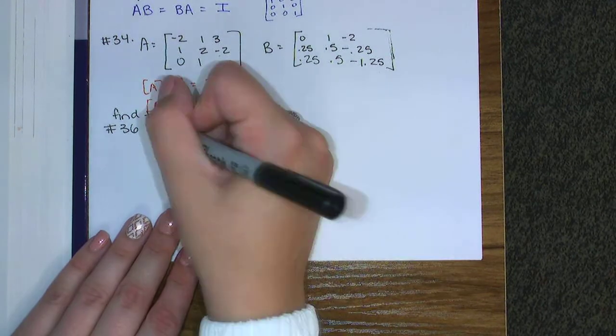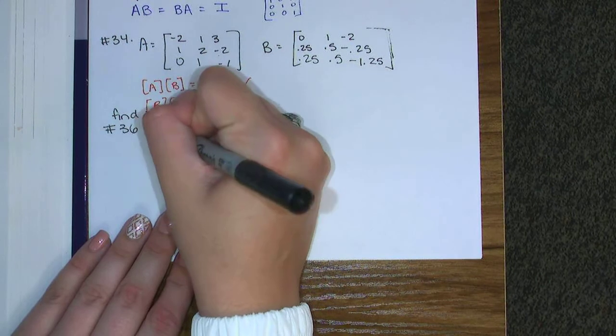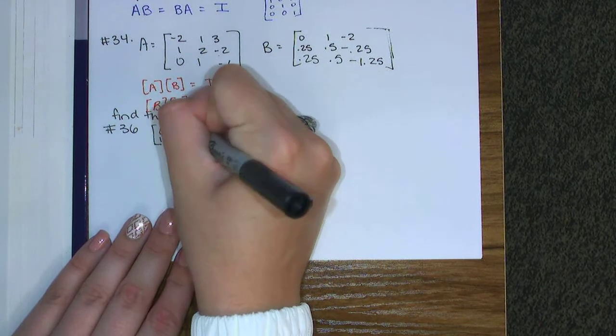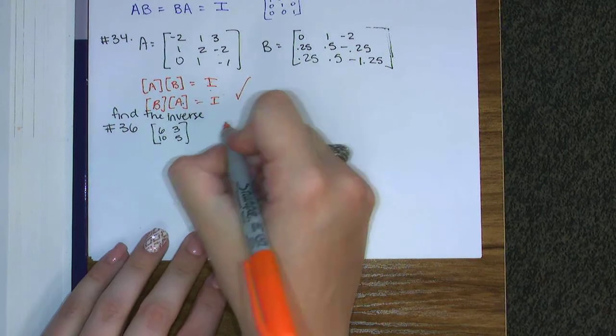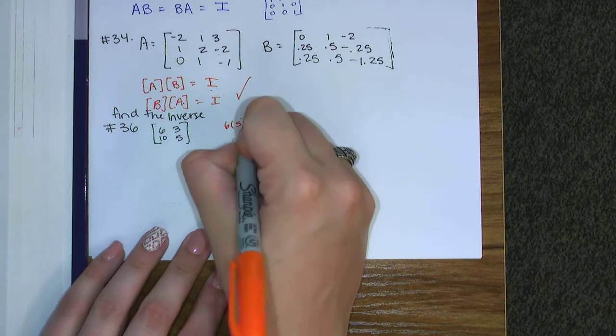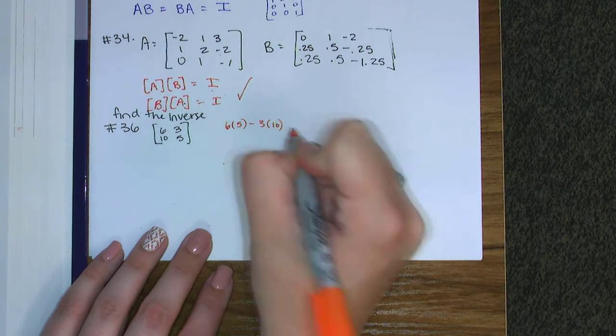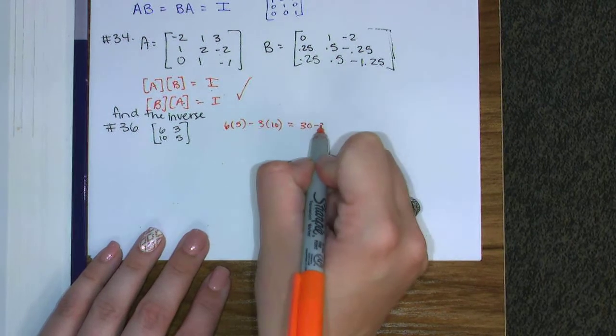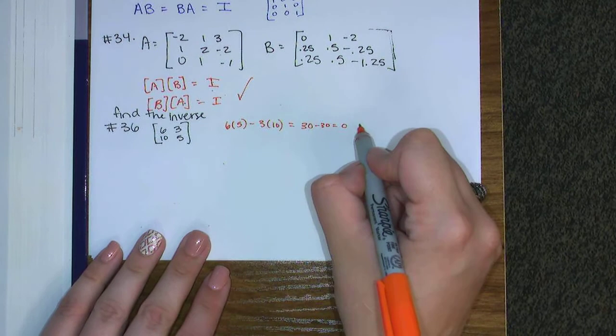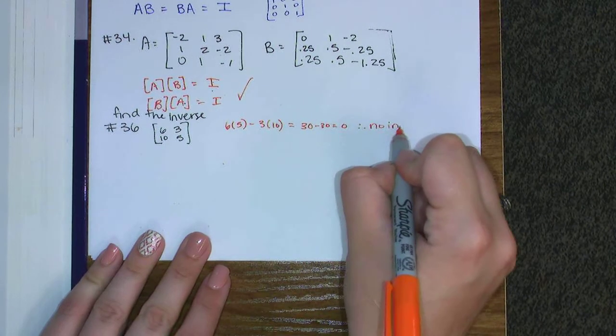We have 6, 3, 10, and 5. The first thing I'm going to do is AD minus BC: 6 times 5 minus 3 times 10. 30 minus 30 is 0. Therefore, no inverse for this one.